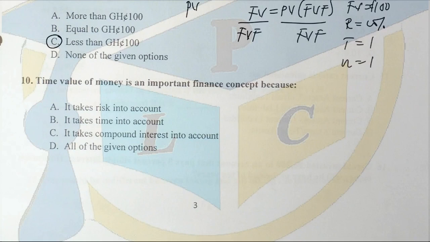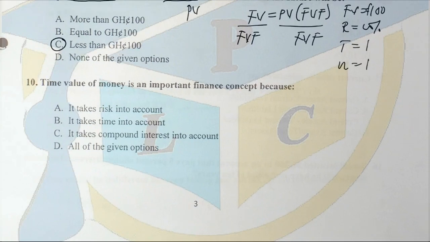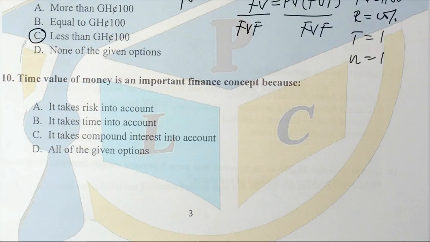If you remember, when we were discussing the concept of time value of money, we said there are 3 key factors that are pivotal in time value of money calculations or scenarios. We talked about the return associated with the risk. We talked about time, and also the returns. We are talking about the compounding interest here, and we talk about the time. We also talk about the risk, if you remember.